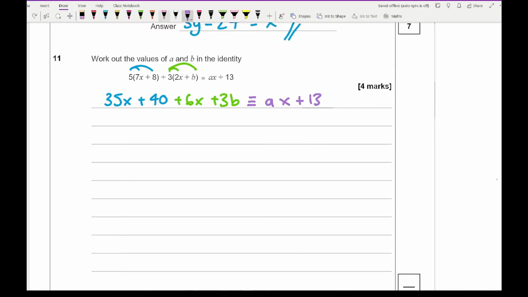So now if I just neaten the left hand side, I end up with 41x plus 40 plus 3b is equal to ax plus 13.